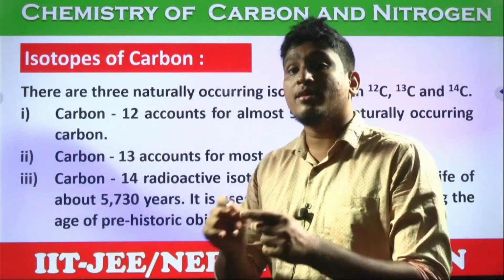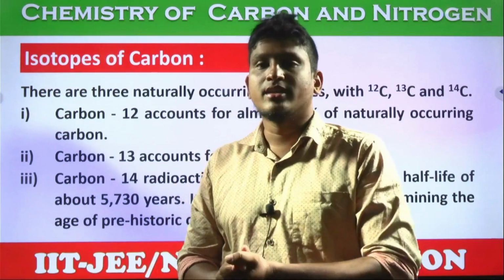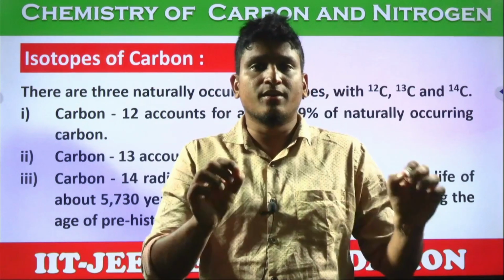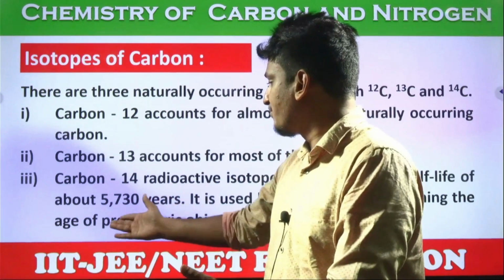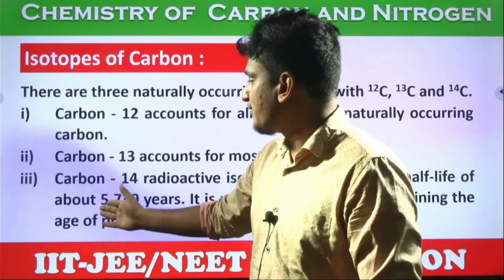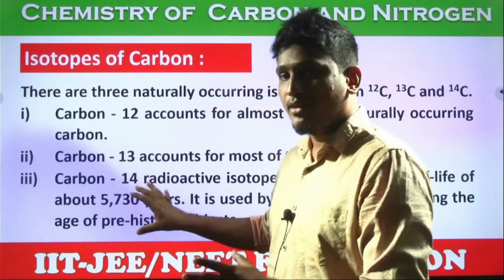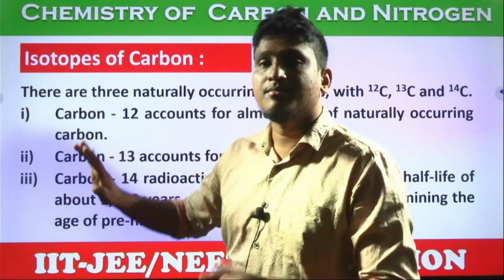Based on the amount of carbon-14 in any particular material, they can identify the life period of that matter. So it is used in the carbon dating technique for prehistoric objects and very old things. Its half-life is 5730 years. Carbon-14 is a very important part of carbon, students, but the major 99% is carbon-12 only.